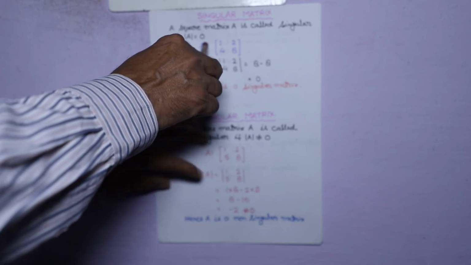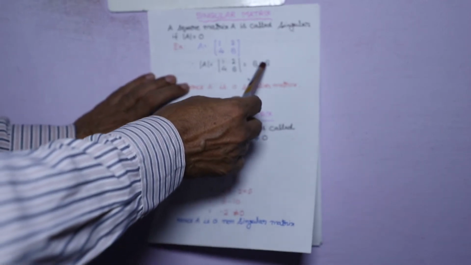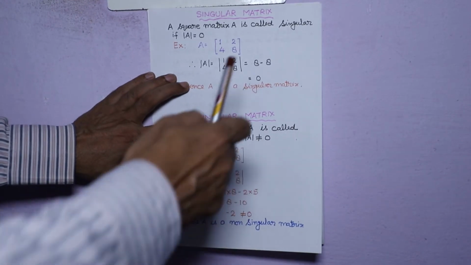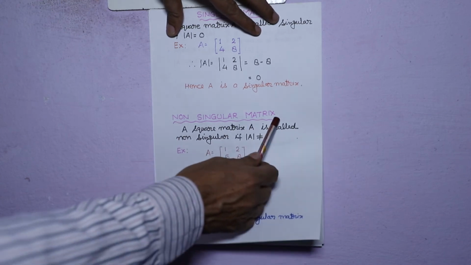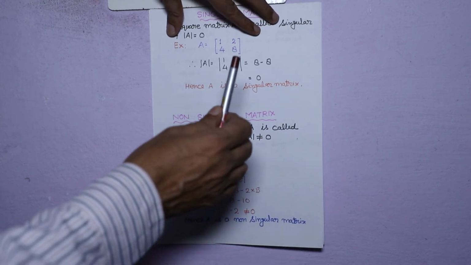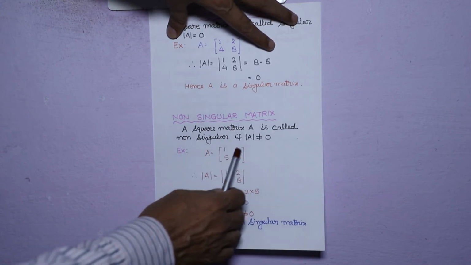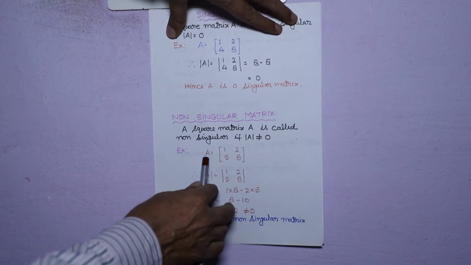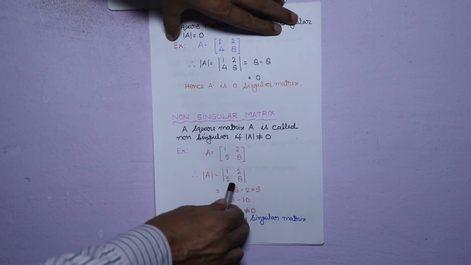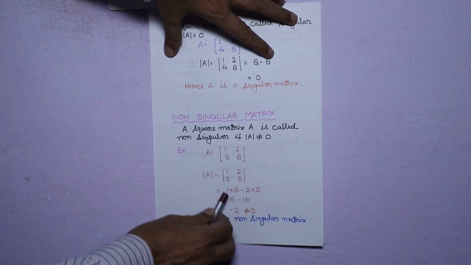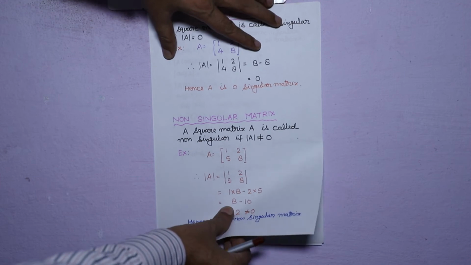So if matrix A is 1 2, 4 8, its determinant is 8 minus 8, that is 0, so it is a singular matrix. A square matrix A is called non-singular if its determinant is non-zero. Let a square matrix be 1 2, 5 8. Its determinant is 1 into 8 minus 2 into 5, which is minus 2, non-zero. So this is a non-singular matrix.